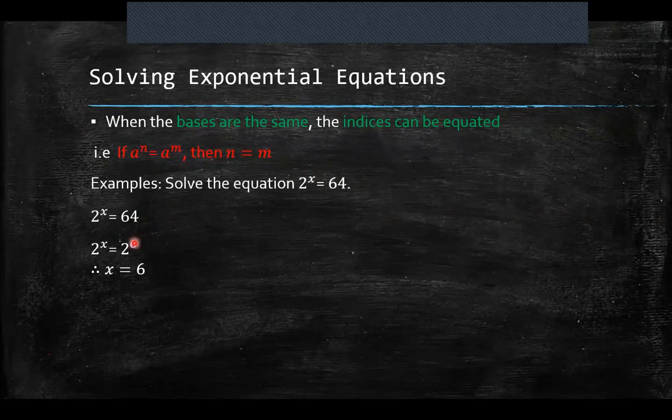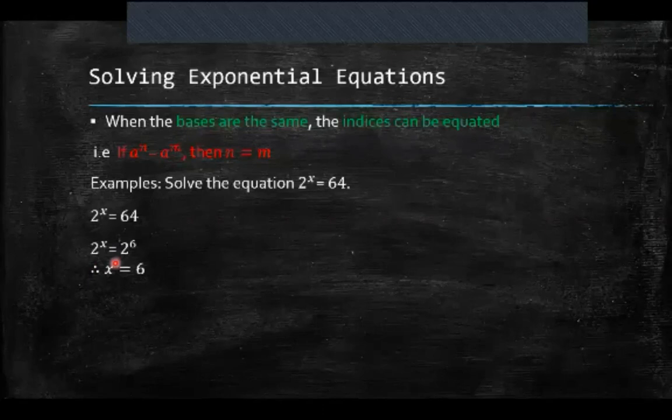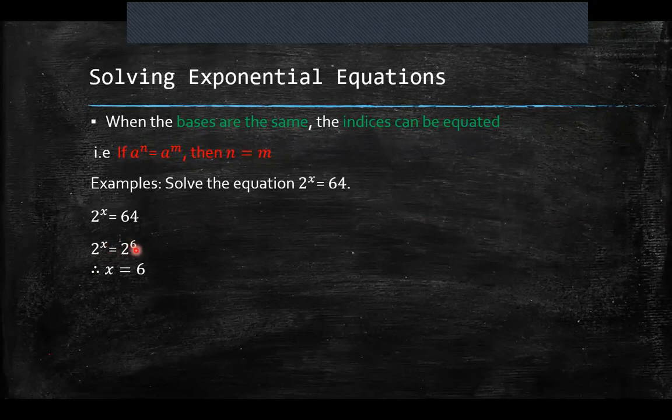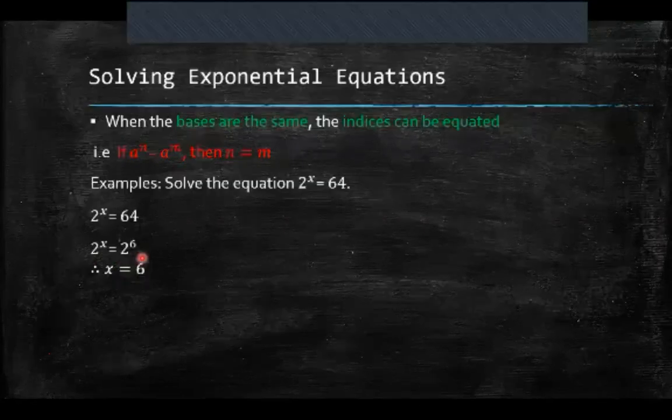And what I could say is that 64 can be written to the base 2, because 2 to the power of 6 is 64. So instead of saying 2 to the power of x is equal to 64, I could say 2 to the power of x is equal to 2 to the power of 6. Now I have the same base, 2 and 2. They're the same. And now I could equate their indices. What does that mean? x has to be equal to 6. And that would be my answer.